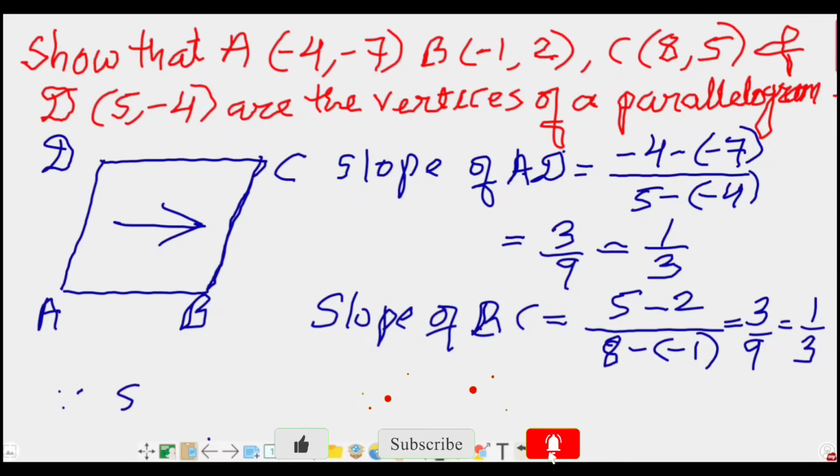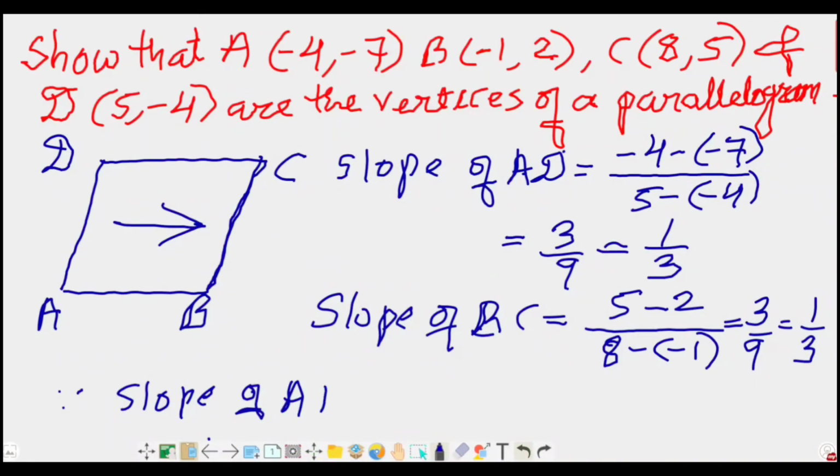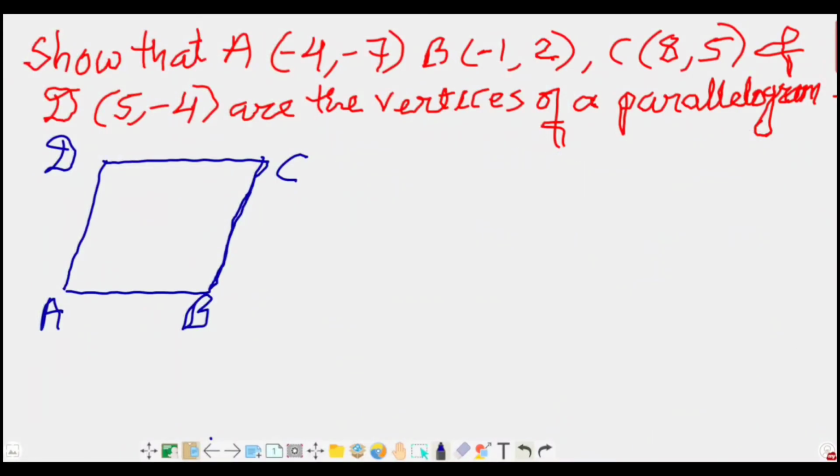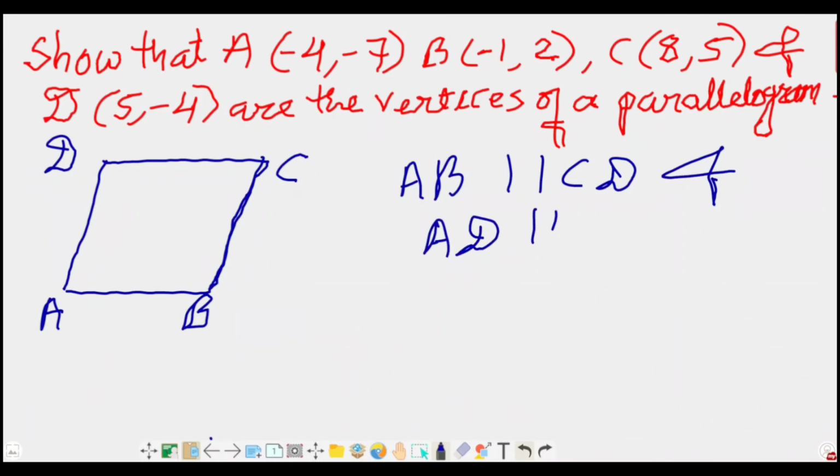So since the slope of AD is equal to the slope of BC, therefore you can conclude AD is parallel to BC. So students, we have proved that AB is parallel to CD and AD is parallel to BC.